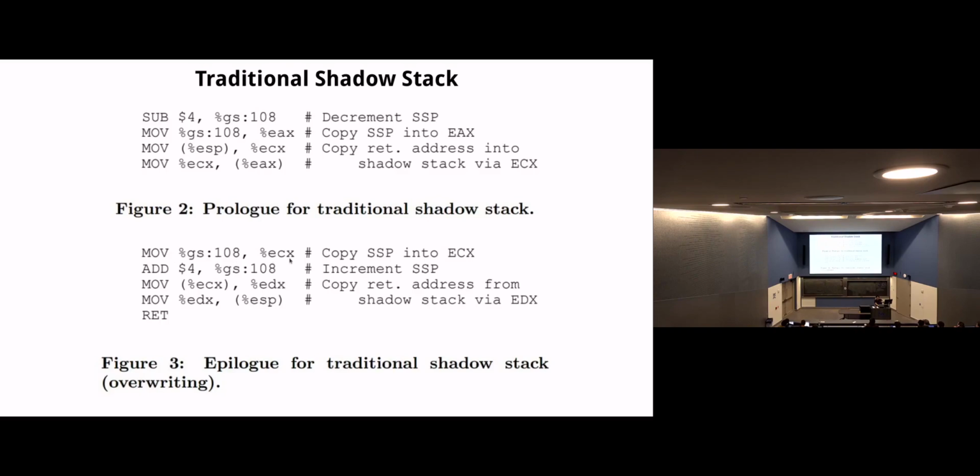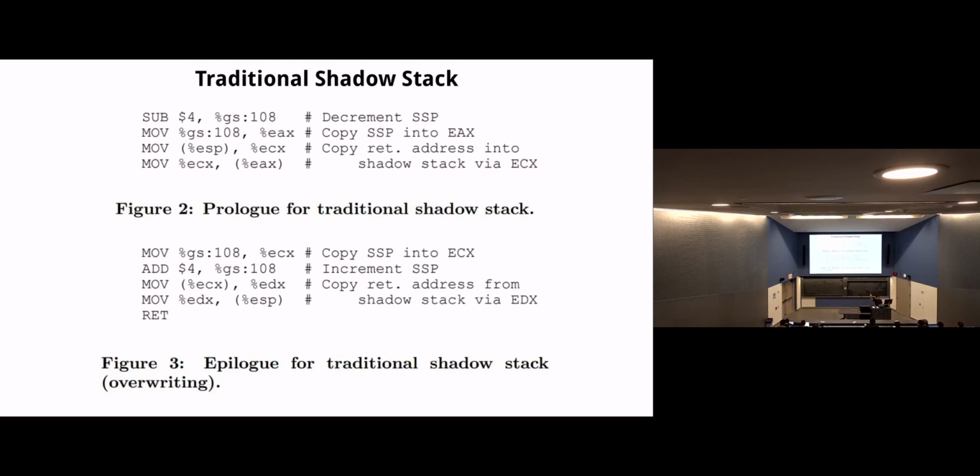Basically, we copy the shadow stack pointer to ECX. Then we add 4 to that. That is basically a pop for the shadow stack. Then we move what ECX points to into EDX.